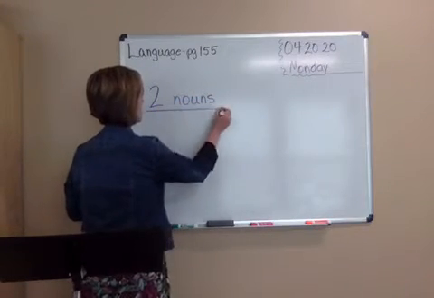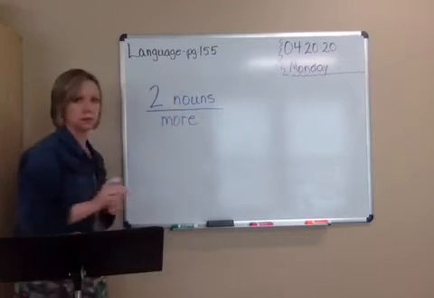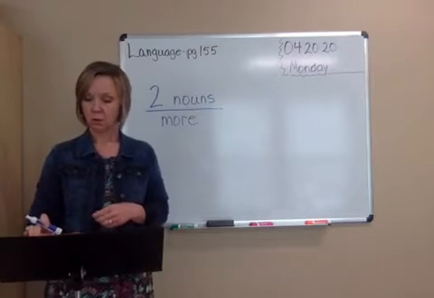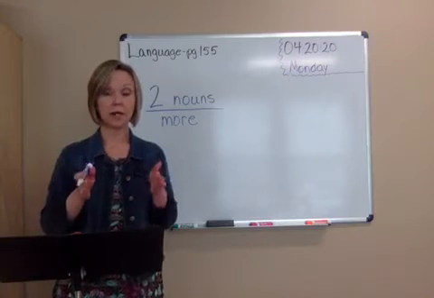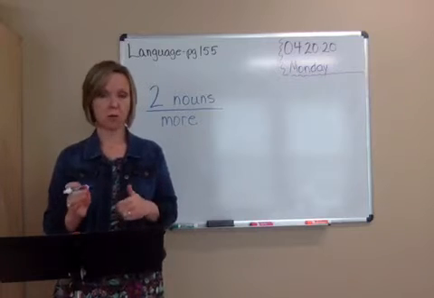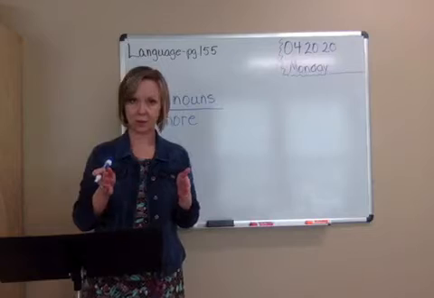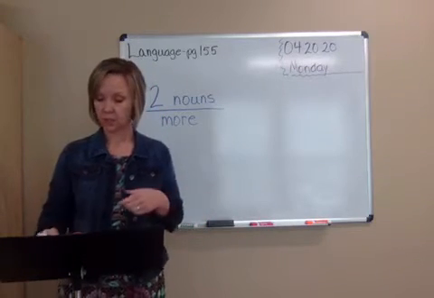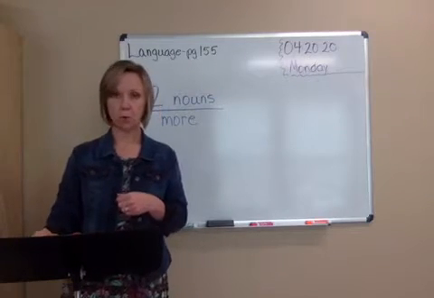Comparing two nouns, what word are we using? More. Correct. More beautiful, more important. Beautiful and important are already longer adjectives. They're not like big or small. These are already longer words, and you don't want to extend those words by adding suffixes to the end. So they have more beautiful and more important.